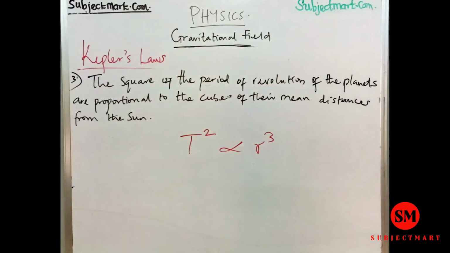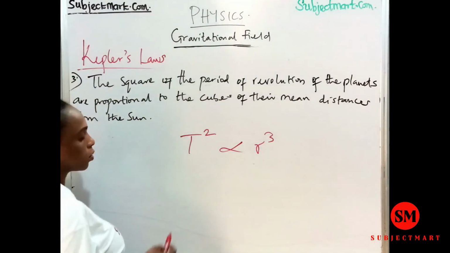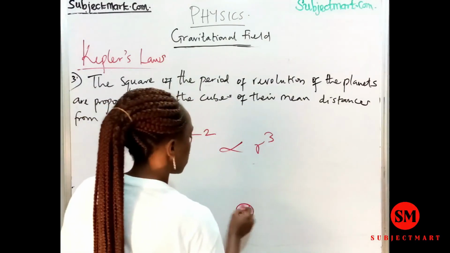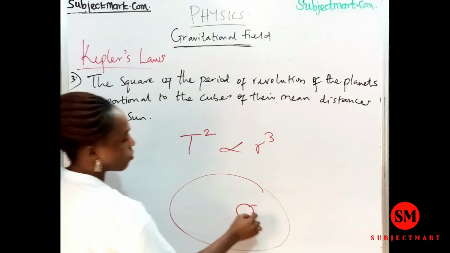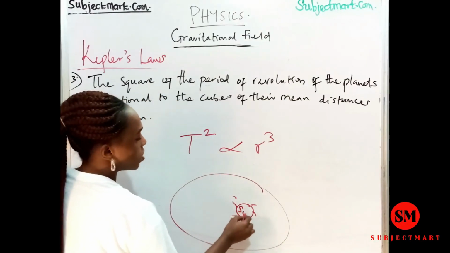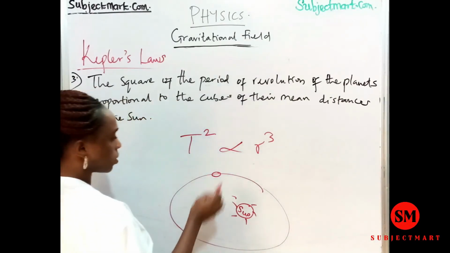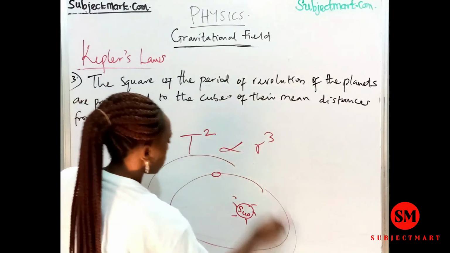What that implies is that the farther away, let's say this is, okay, we said with the sun at one focus, according to the first law, this is the sun. Let's say this is one of the planets, and this one is another planet here.